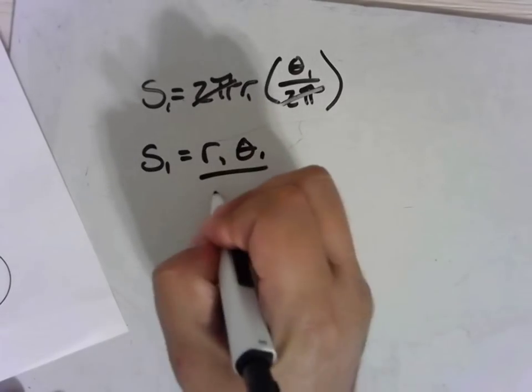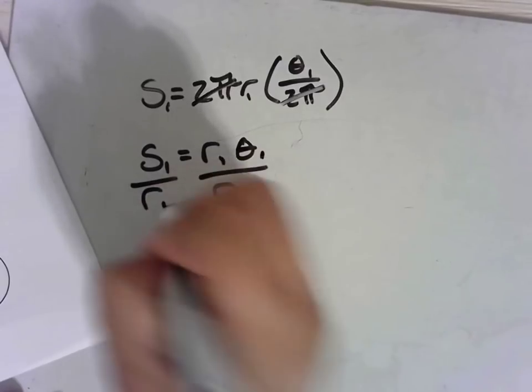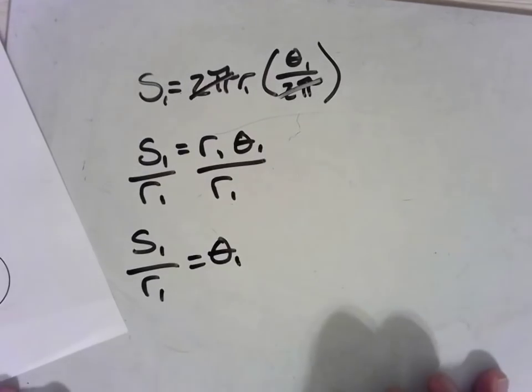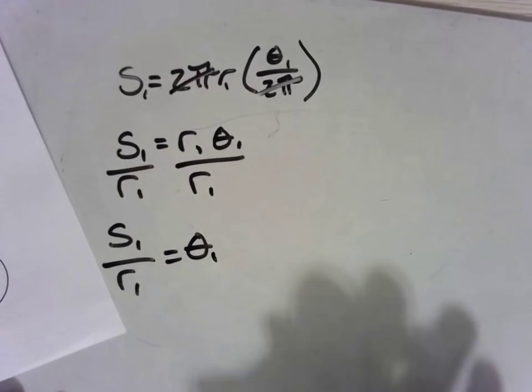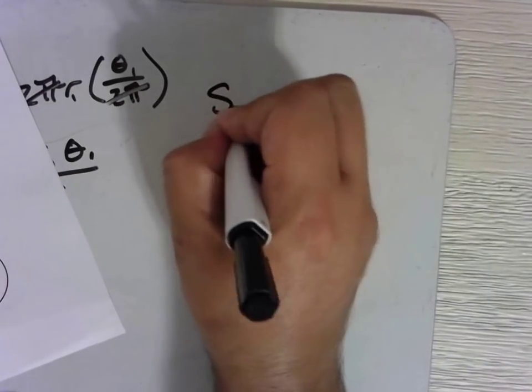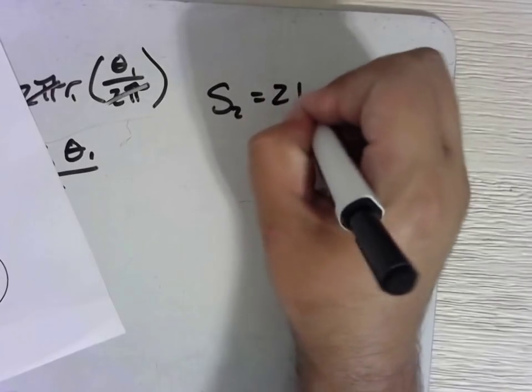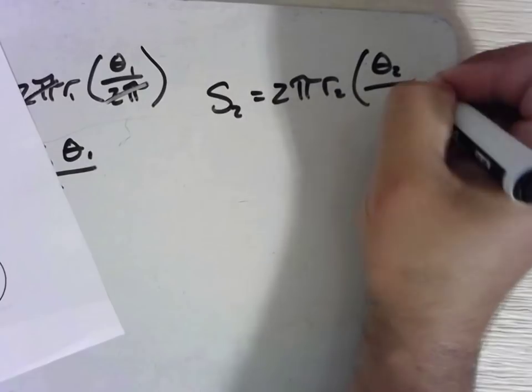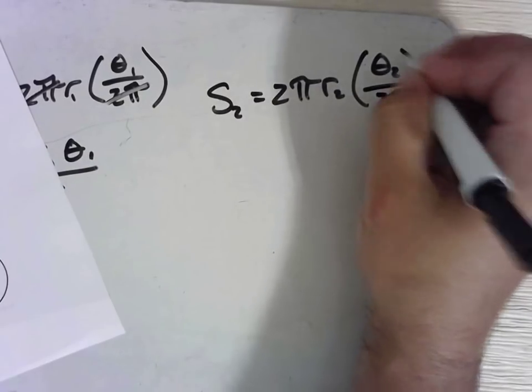So if I divide by the radius, I'm going to leave that there. And I'm going to do the second circle over here. Arc 2 is equal to the same thing, 2 pi radius sub 2 times theta sub 2 over 2 pi, not 360, that's the key.